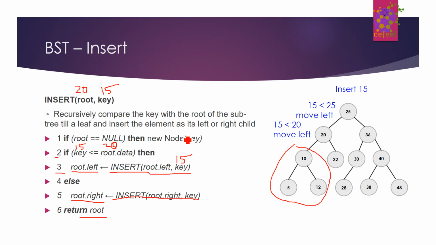So in the next step, root dot left, which means 10, is called over here and 15 is called over here. So this will make another recursive call, and this will be 10 here. Sorry, this is 15, this is 10. Let me clean it and write it down. So root dot data is 10, 15.